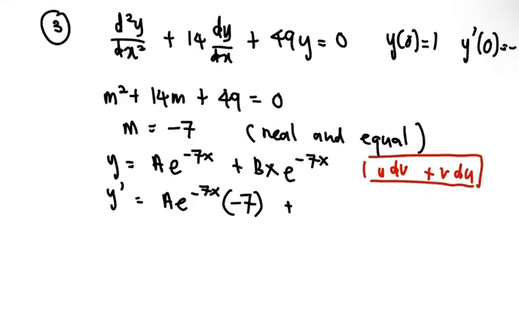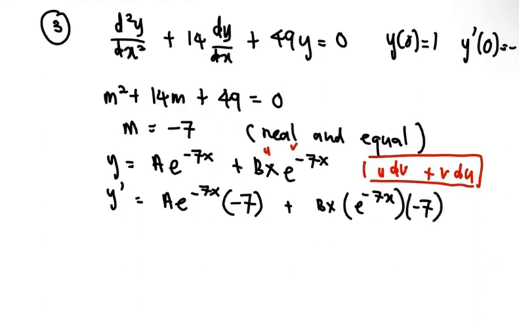So here are some notes for you if you didn't remember. Which one is u? This is u, this is v. So u is bx, dv is e to the minus 7x times minus 7.